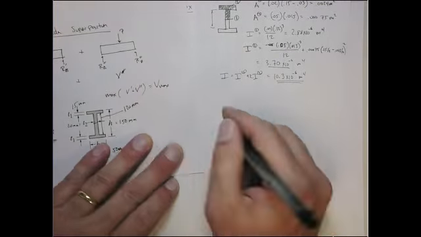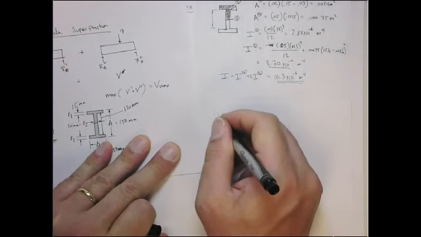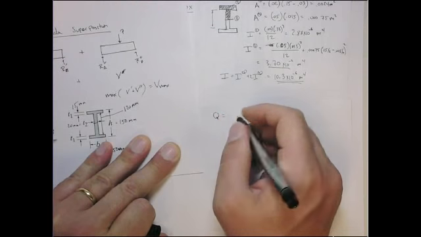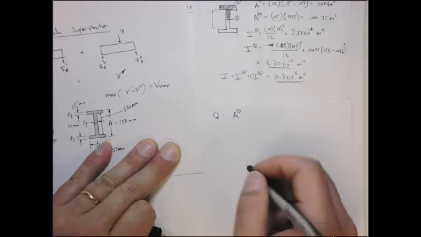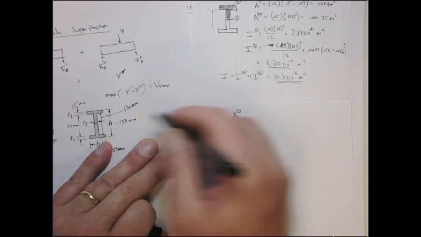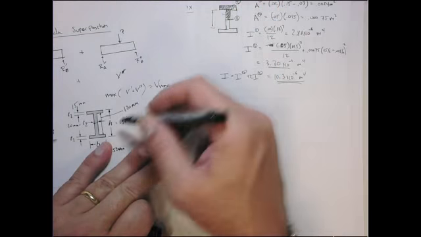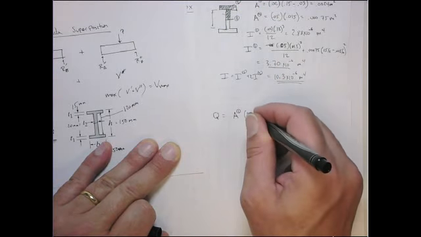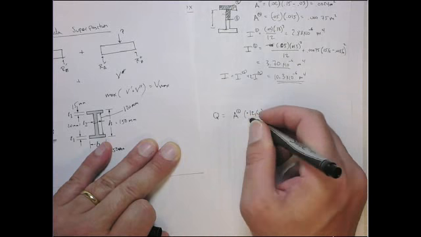So to get the Q, that's going to equal the area of section 1 times its centroidal distance, which is going to be the 120 divided by 4. That's 0.12 divided by 4, right? That's the y.